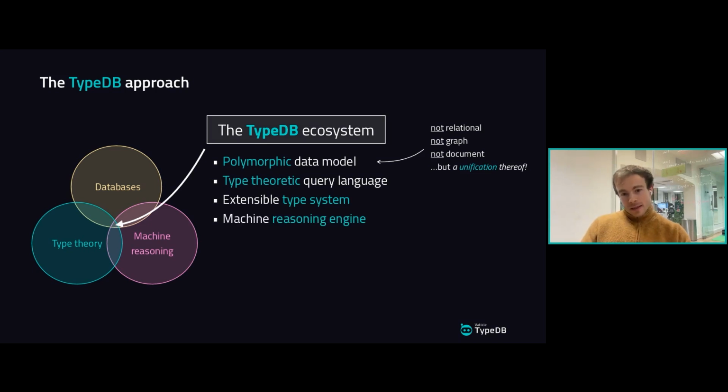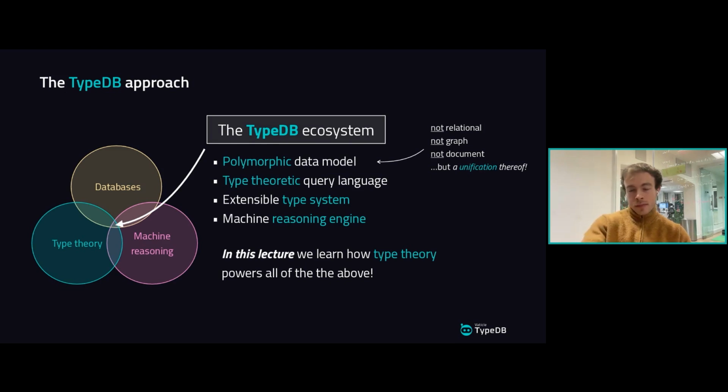And finally, there's a machine reasoning engine that allows you to integrate the application logic of your database application directly into the database. Again, that is powered by type theory. So all of these components of the database are powered by type theory. And in this lecture, we'll hopefully learn how that works.